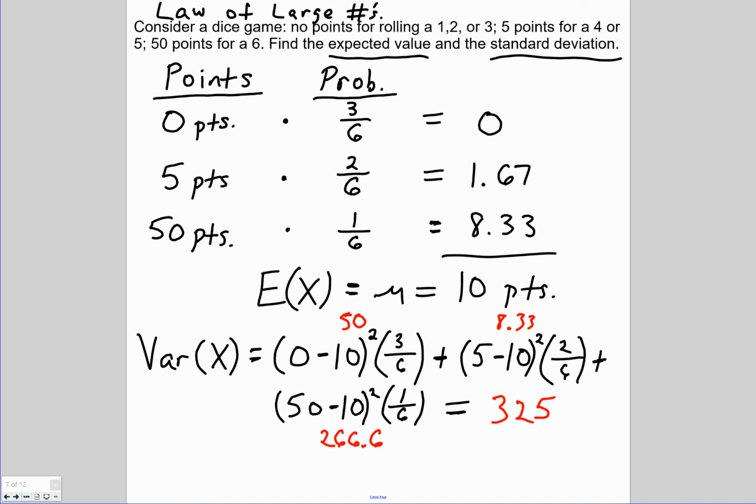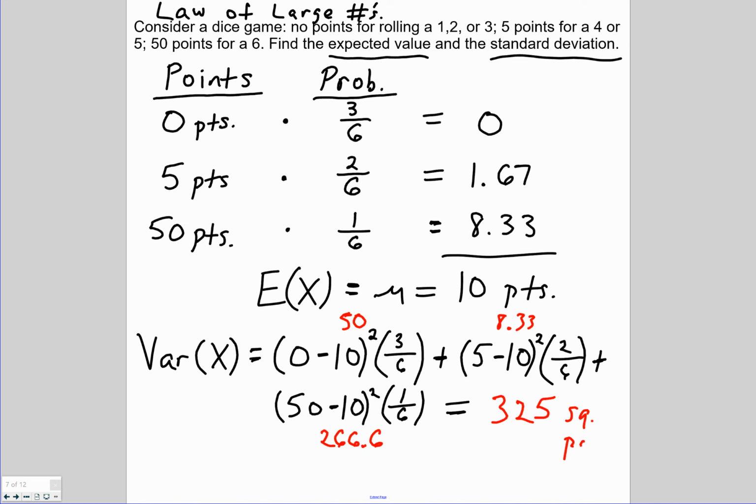Now, let's see if you know this. What are the units for this 325? It's not points. You're close. It's not points. Squared points.